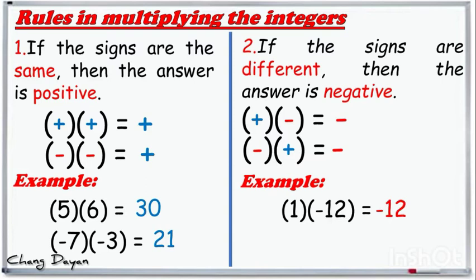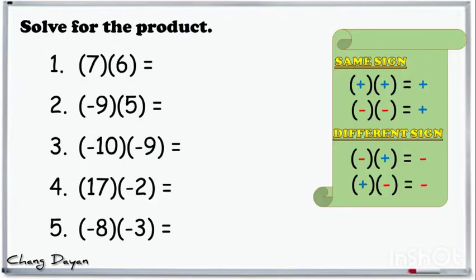Next example, negative 15 times positive 4. So here, our example has different sign. Therefore, our answer must be negative 60.